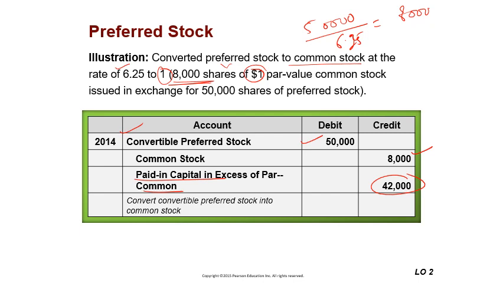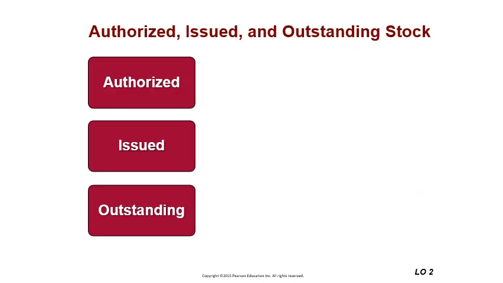Did you notice here we don't use the word discount and premium? We use the words paid in excess and paid in capital. So if we talk about paid in capital, paid in excess, we are talking about premium, right?